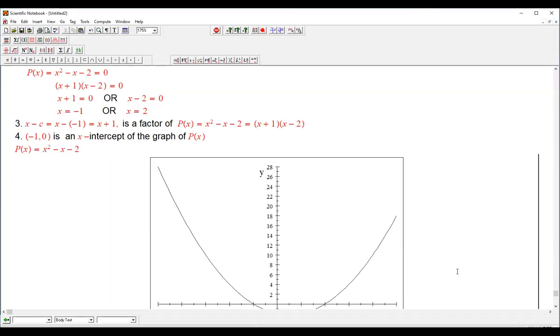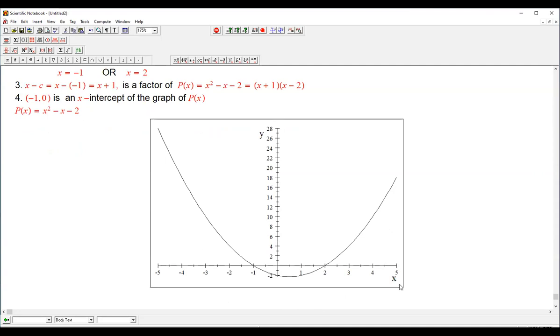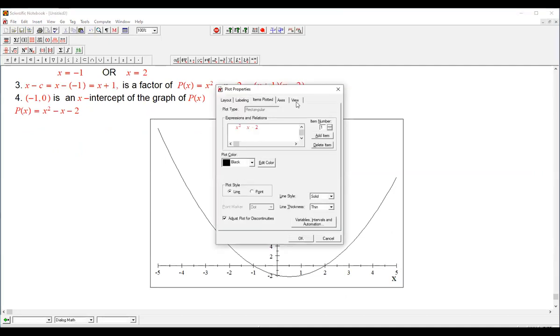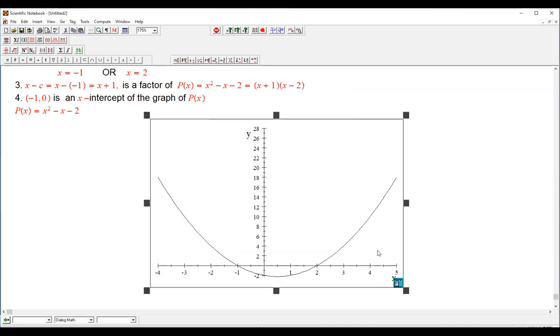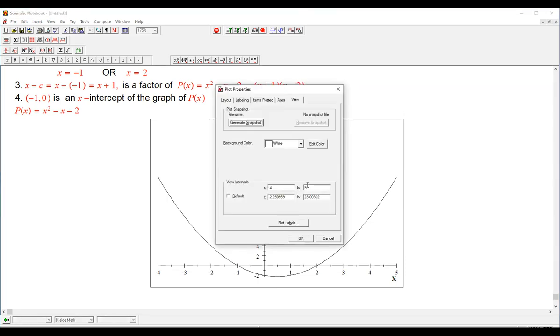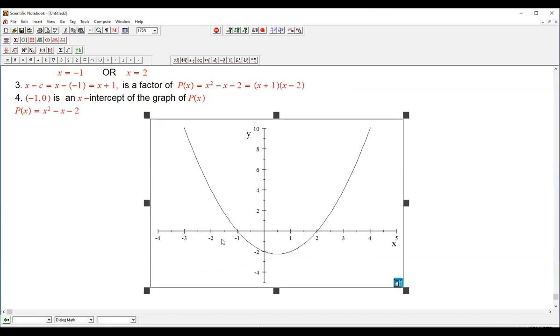Okay, so you look at the graph. Then we are going to just make some adjustments. Okay, and the -1, 0 is right here.